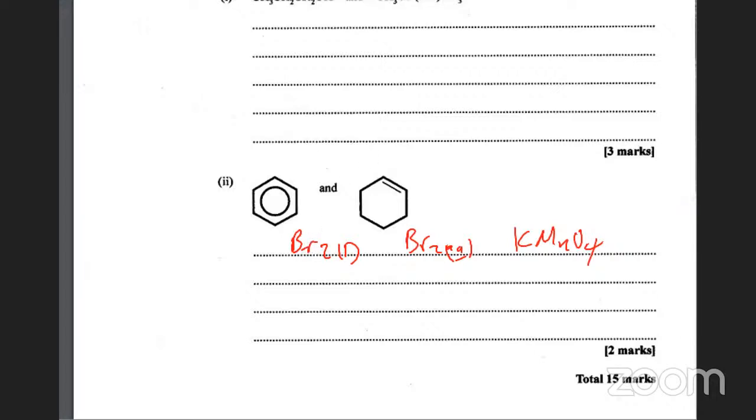What is needed if it should react with bromine, the benzene? Which catalyst is needed? FeBr3. Right? So remember, benzene will not react with bromine unless you have the catalyst.